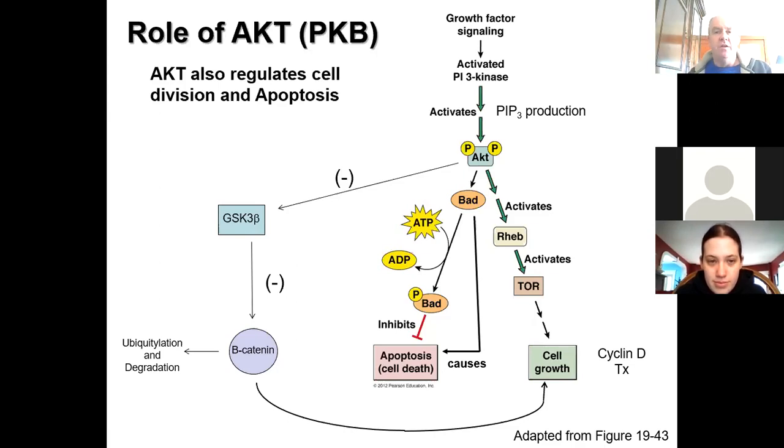So when AKT gets activated, it also will phosphorylate BAD, and BAD is a pro-apoptotic BCL2 protein. Don't be surprised if none of that makes any sense to you, because we haven't talked about it yet, but we will talk about it today. So this is going to block apoptosis and allow the cell to go ahead and divide, and therefore become two cells.